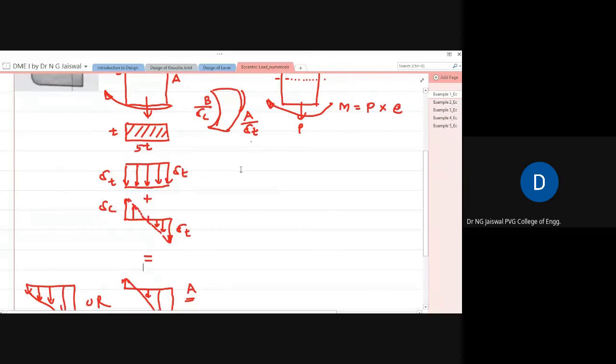In fact, we can write down the statement here: it is clear from the stress distribution diagram that fiber A, not fiber B, fiber A, is subjected to maximum stress. I think there should not be any doubt in your mind.